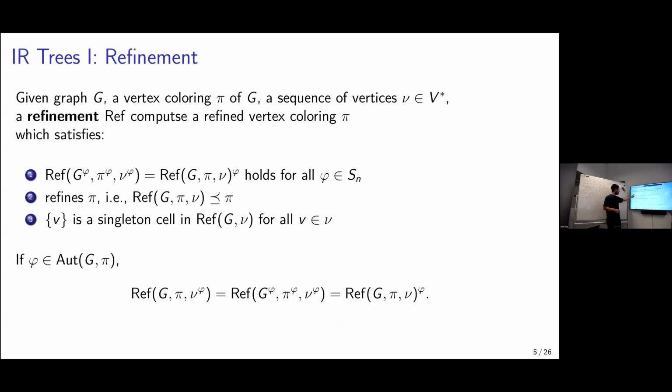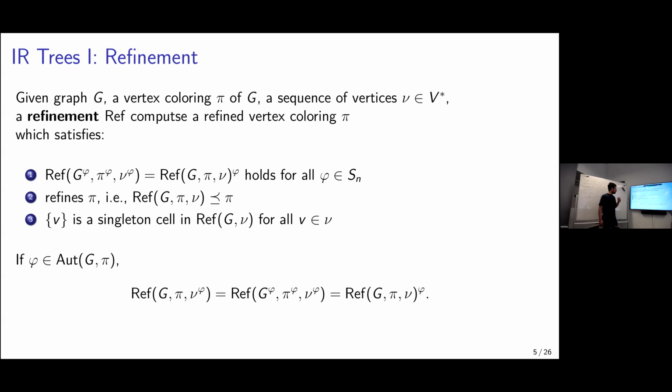And this first property here, that's the important one. This is the one that will lead to all of the nice properties that we use later. It's the isomorphism invariance of the process. But what does it say? It says that if you apply a permutation, any permutation, to the result of color refinement, then this must be the same as applying it to all of the inputs.